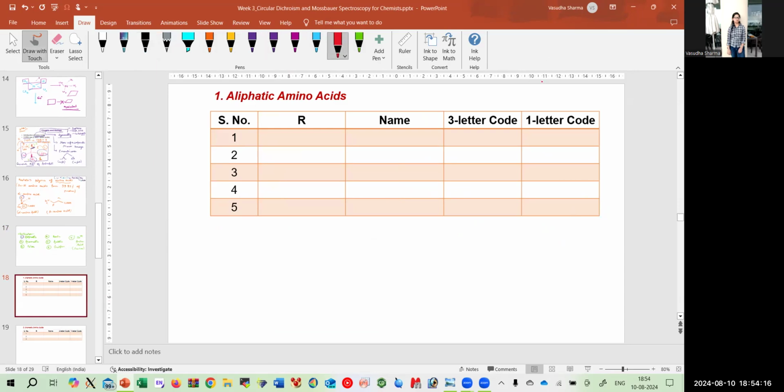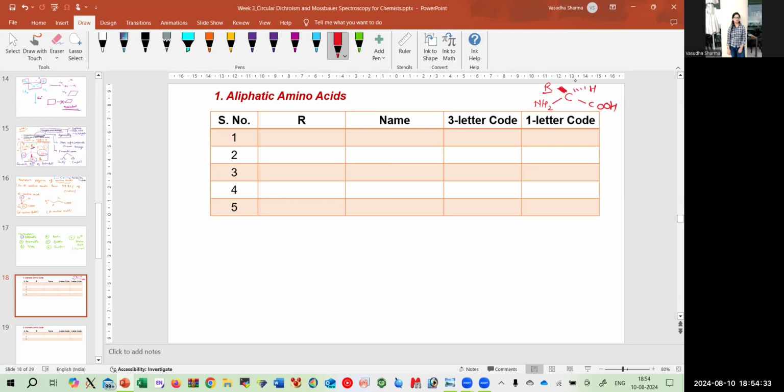Here we are talking about C having an R group, H group, NH2, and COOH. Based on this R group, we are saying how differently it is there.